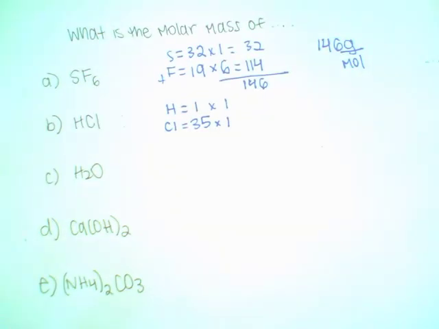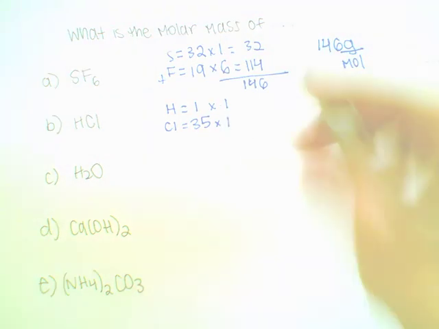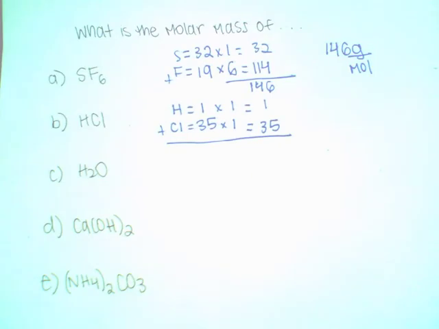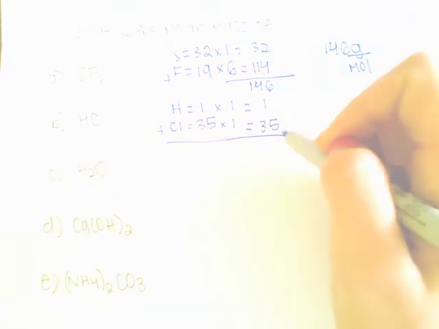So just for consistency, even though those are both 1s, I'm going to write how many times we multiply each of those. So 1 and 35, and then you add them together. If you want the mass of hydrogen and chlorine together, you add up the mass of hydrogen plus the mass of chlorine, and you get 36.